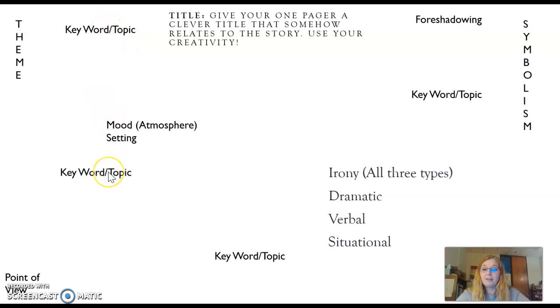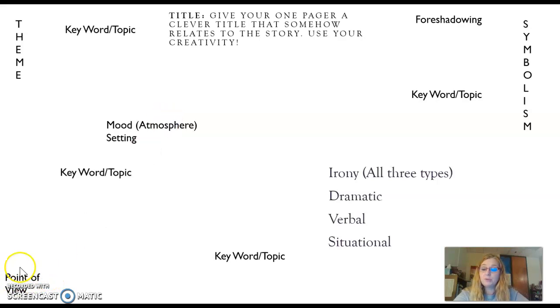It could be violence. It could be danger. It could be game. Any of those words would work. The bottom line is whatever your key topics or your key words are, they should have a deep connection with your theme here, okay?